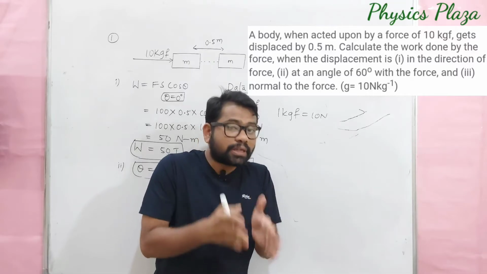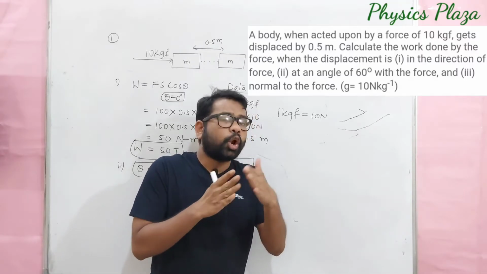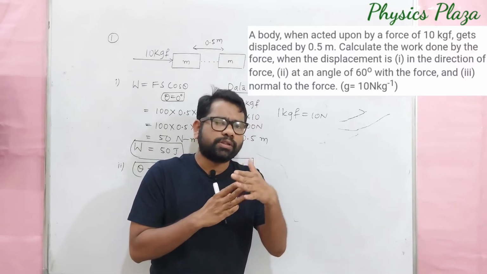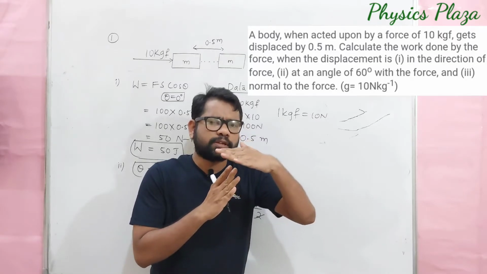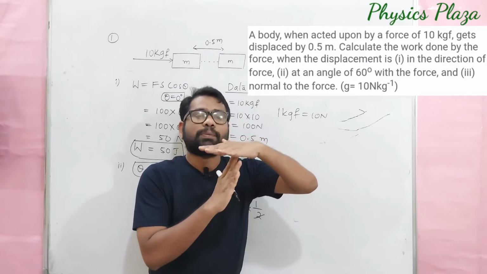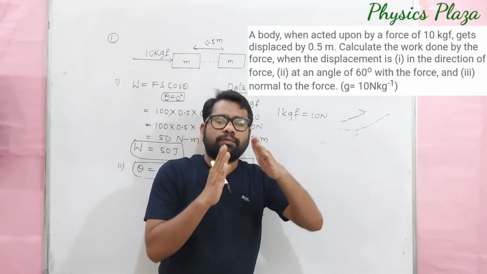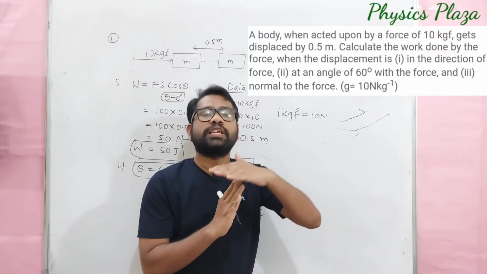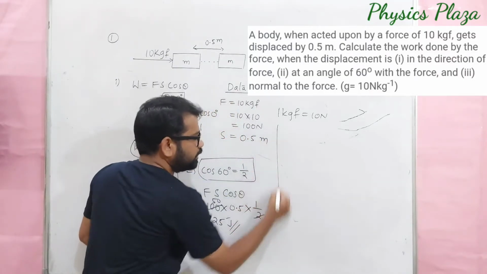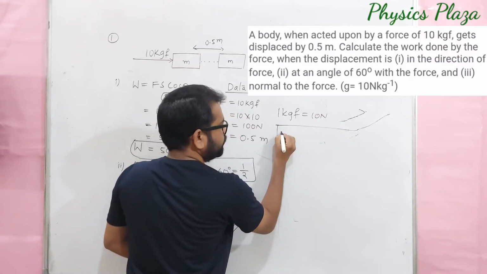Now, what is the work done when the displacement is normal to the force? Means when the body is displaced perpendicular to the force applied, there is an angle of 90 degrees between force and displacement. So, they are talking about theta is equal to 90 degrees, dear children.